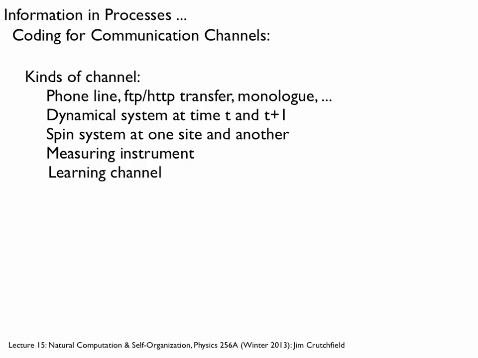You have spatial systems. You can talk about how one or another sites are correlated in a system, or half of spin configurations. We've talked about the measuring instrument. We're going from these unknown continuous states into this measurement alphabet through a number of probes and discretization. That's also a channel. And also the learning channel overall.